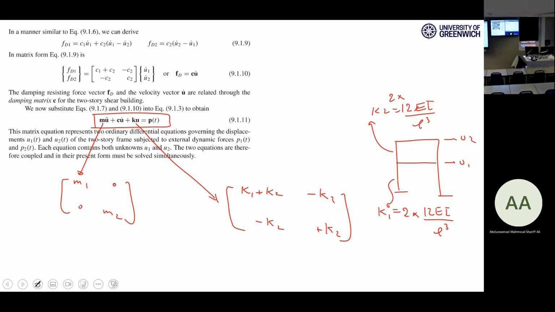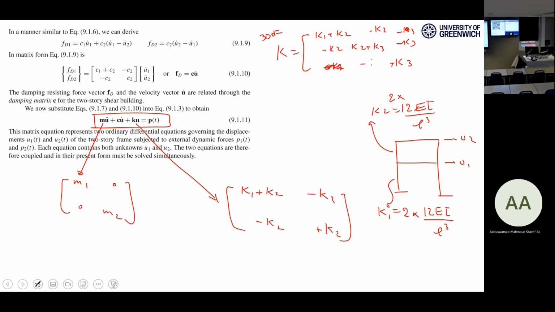If you have a 3 degree of freedom system, just like I write here, the stiffness matrix will be like this: K1 plus K2, K2 plus K3, K3, minus K2, minus K3, with 0 here and 0 here.